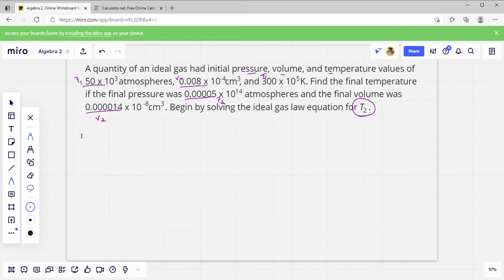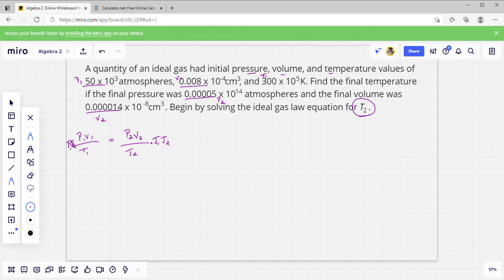So we got P1 V1 over T1 equals P2 V2 over T2. Okay, so we're going to multiply times T1, T2, and same thing over here.